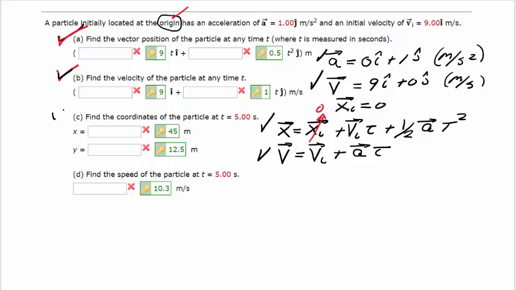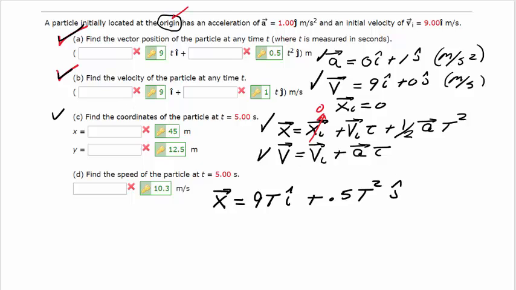Okay, part C says find the coordinates of the particle at t equals 5. Well, we know earlier that we wrote our position equation, and I'll just go back to this one, was equal to 9t i hat plus 0.5t squared j hat.